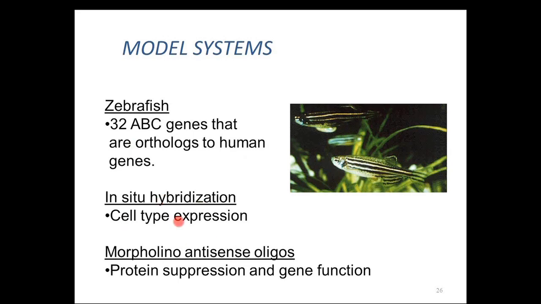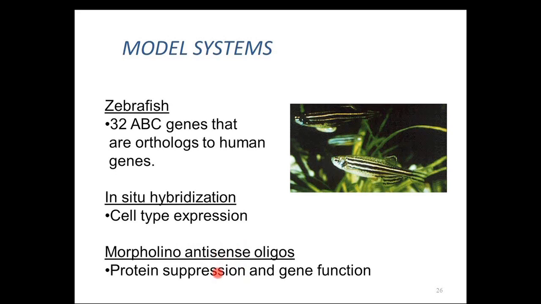In the fish, they're actually completely transparent in the early stages as an embryo, and so if you can label the product of a gene, you can basically light up the tissues in the fish where that gene is expressed and get some idea of where the gene's expressed and what its function might be. And then there's another technology where you can make an oligonucleotide, a small piece of DNA, that will specifically target any gene and inhibit it or suppress the production of that protein.